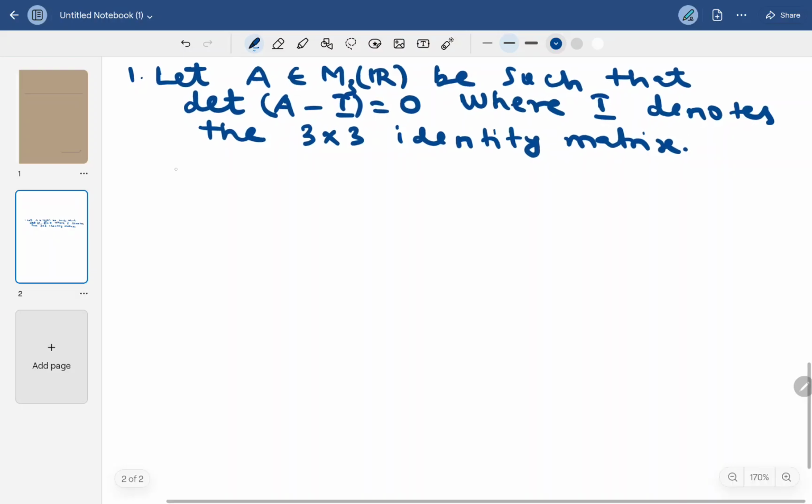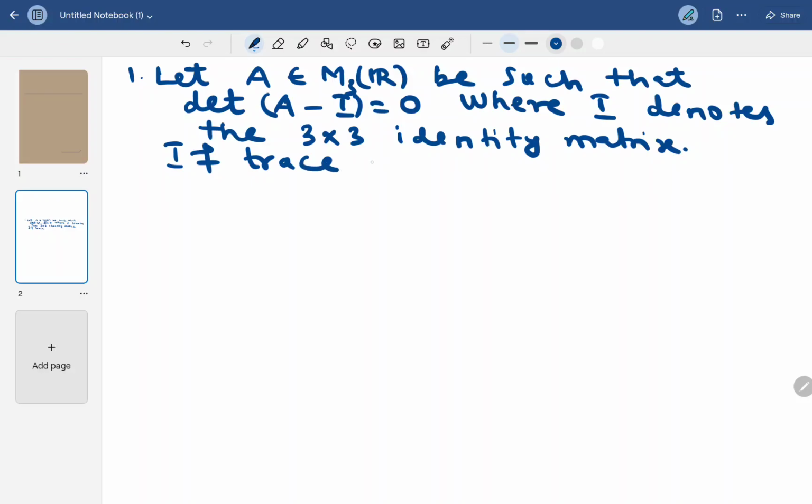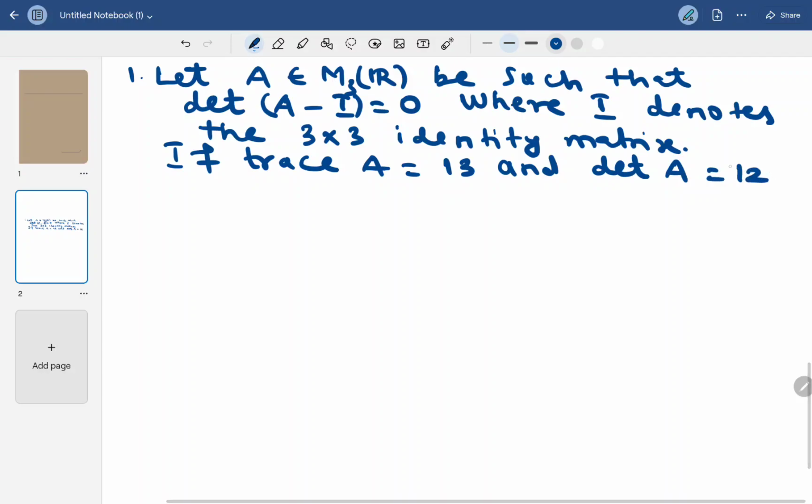It is also given that the trace of A is 13 and determinant of A is 32.